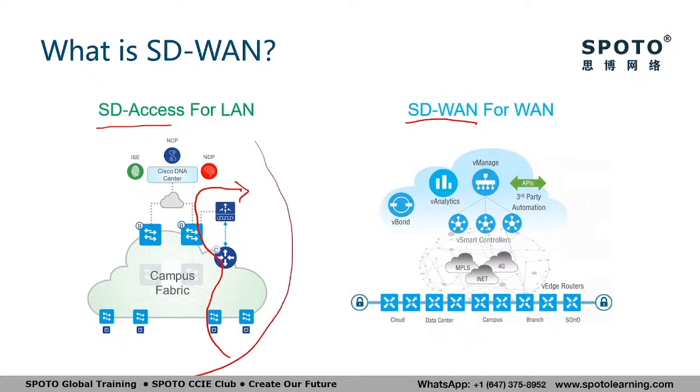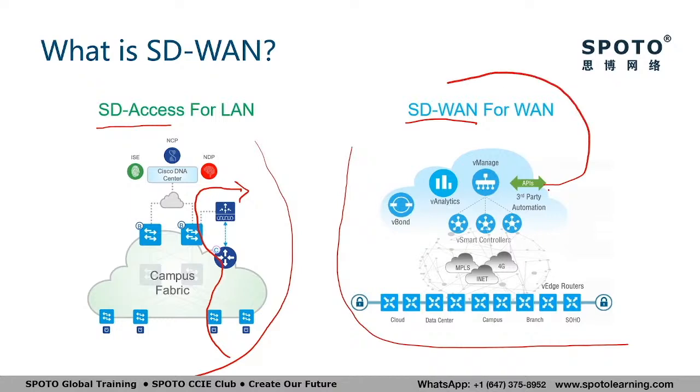It's the boundary over here. The answer is this third-party API. This third-party API will have the communication to the DNA center. So they talk to each other to tell the traffic how to go through to access each other.